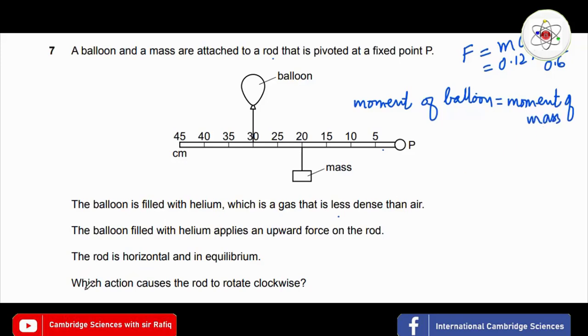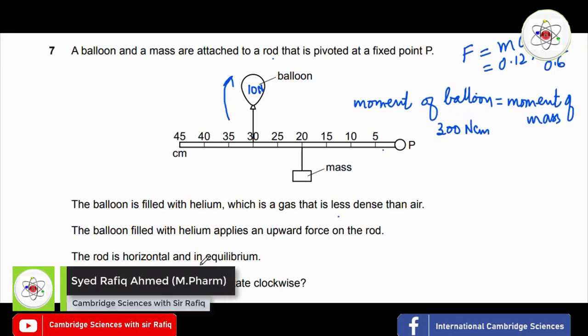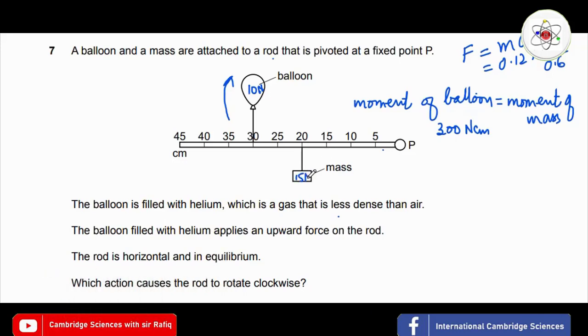Which action causes the rod to rotate clockwise? It means the moment of the balloon is going to be greater than the moment of the mass. So just assume the force exerted by the balloon is 10 Newton, so its moment becomes 10 into 30, which is 300 Newton centimeter. As it was in equilibrium, the force exerted by the mass will be 15 Newton.